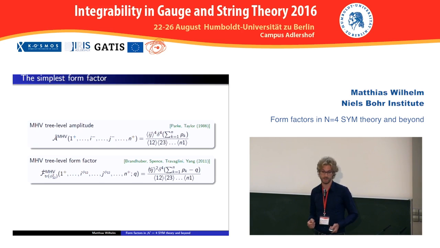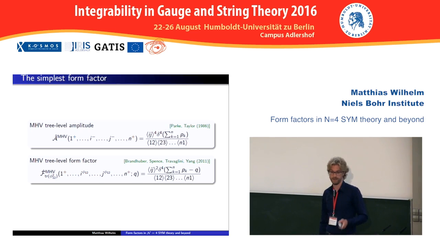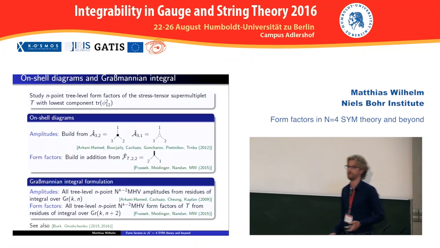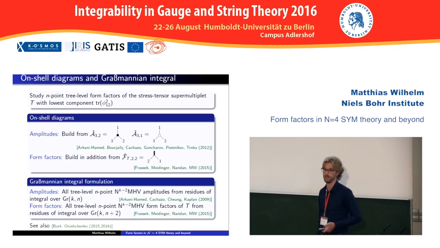The only difference is the power in the exponent here, which is 2 instead of 4, and the operator's momentum q, which appears in the momentum conserving delta function. This operator, trace of phi squared, is the lowest component in the protected stress tensor supermultiplet, which has also been mentioned previously in this conference.